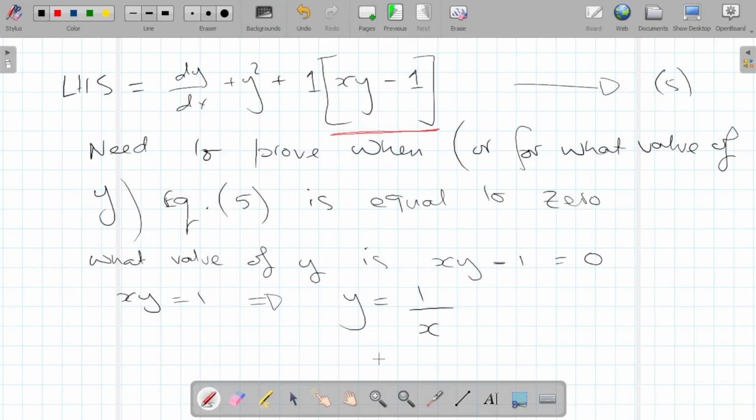Now, we still don't know if y equal to 1 over x is a solution to the whole equation. We only know that it makes this part of the equation equal to 0. We want to know if it makes the whole equation equal to 0. So what do we do? Well, let's go on to the next page.